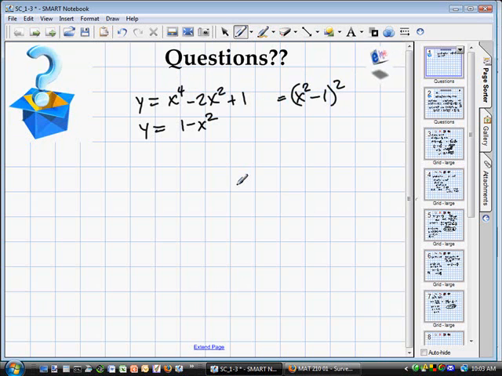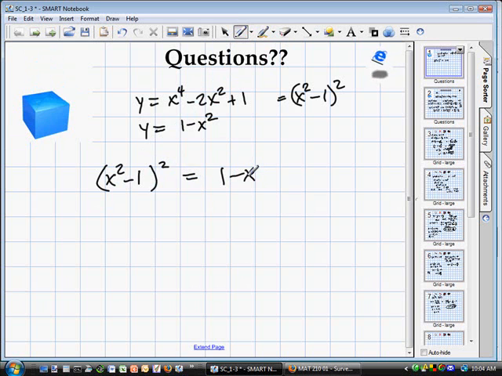Anyway, how do you find out where two curves intersect? No problem. Welcome, Matt. How do you find out where two curves intersect? You basically set them equal, right? So we set them equal. I think I'm going to write it that new factored way. So let's just write x squared minus 1 squared equals 1 minus x squared.